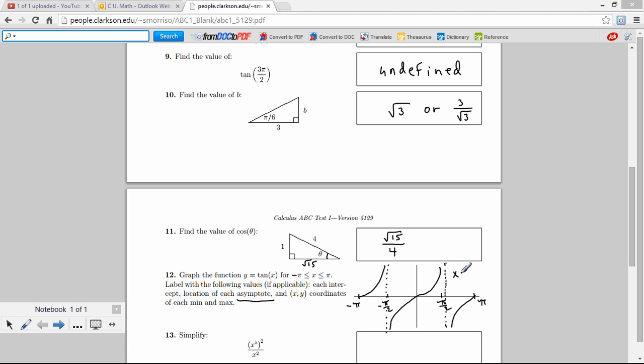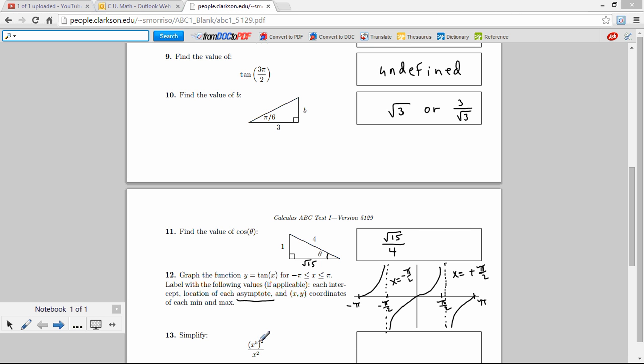So you should have had a graph something to this effect. If you want to identify the asymptote, it's x equals, right, because it's a vertical line, pi over 2, and this one is negative pi over 2. So those are your two asymptotes. Question number 13 is the exponent question, the first of a couple of exponent questions.